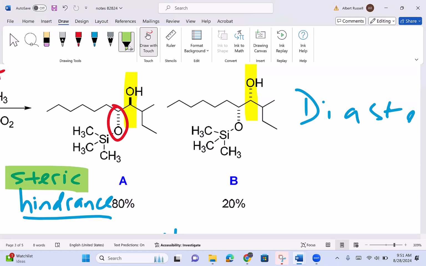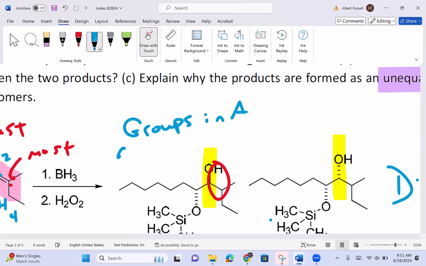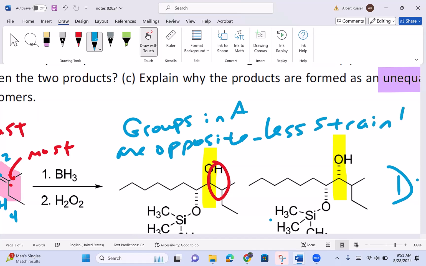That's exactly right. When you look at A, because these two groups are on opposite sides, that lessens the strain or the steric hindrance in A. So the groups in A are opposite, and less strain means more stability.